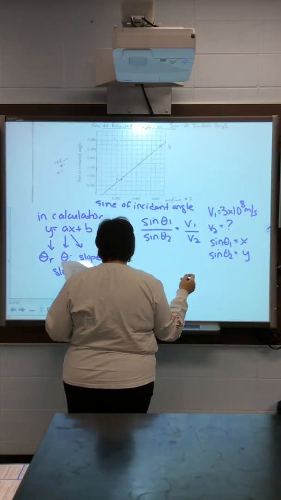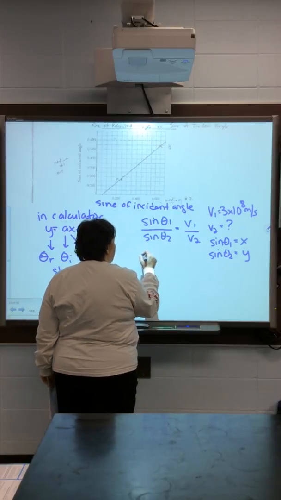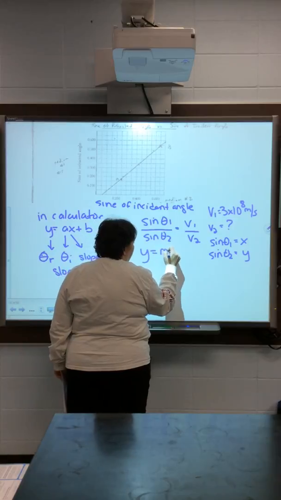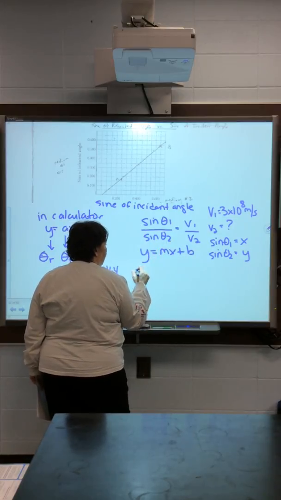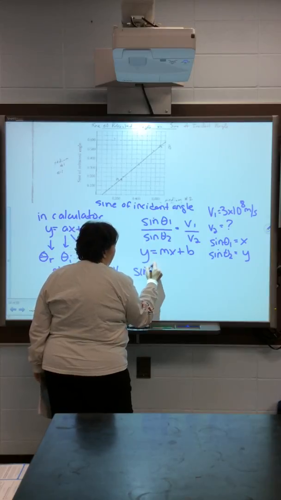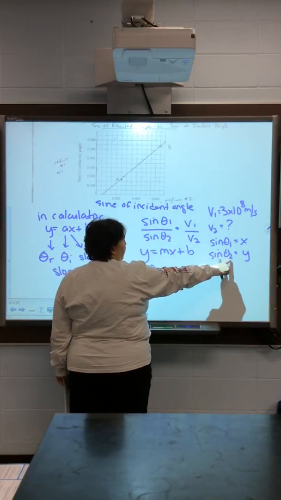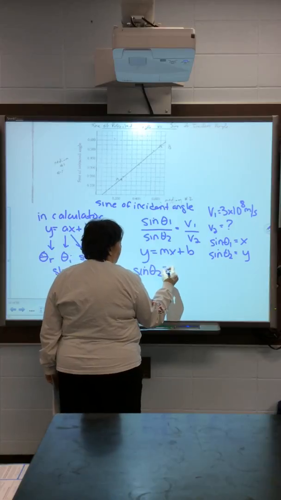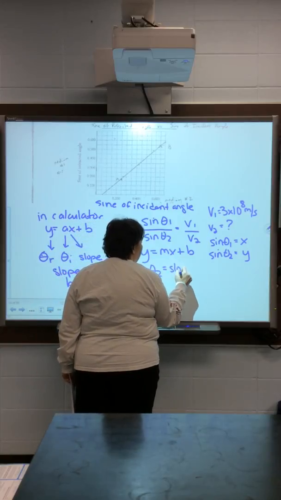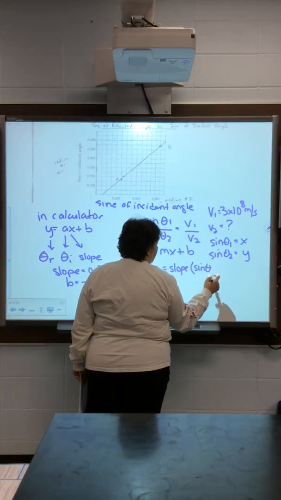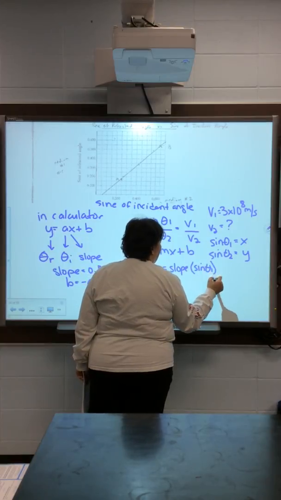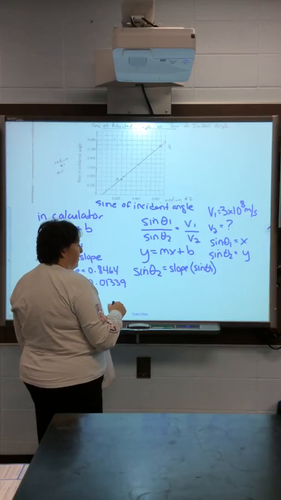When we put this in y equals mx plus b format, we need to solve for sine theta 2, because we've said that sine theta 2 is y. M is going to be the slope times sine theta 1, and then we have no b value.